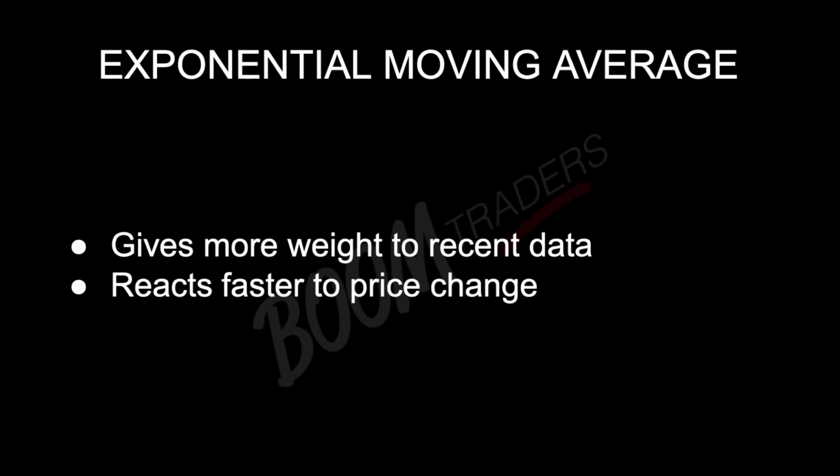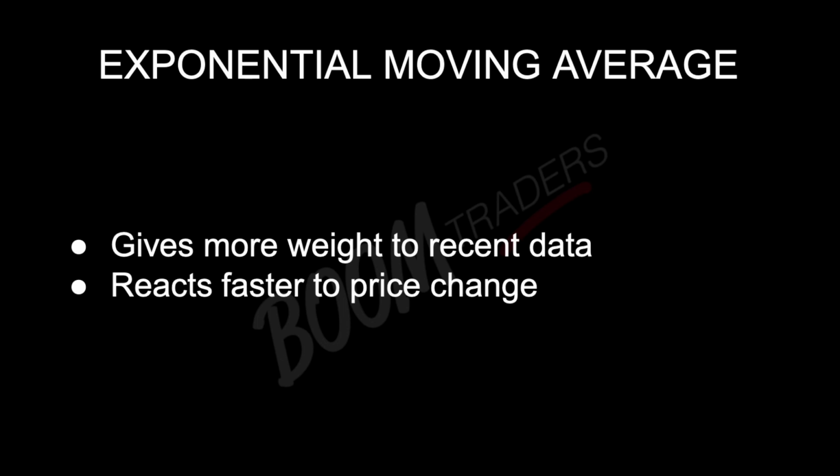These types of MAs consider recent data more important and give it more weight. Therefore, they react quickly to price changes. They're definitely better for shorter time frames. And you'll see us at Boom Traders use a lot of EMAs for 10 or 20 periods, even 50 in some cases. What exactly is an EMA or exponential moving average?